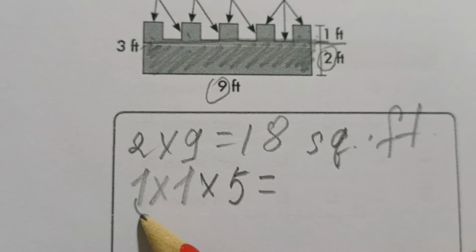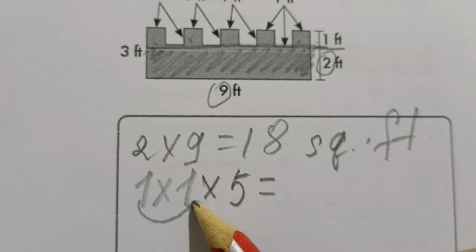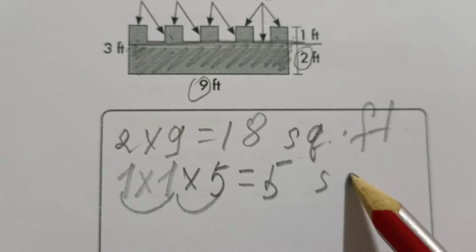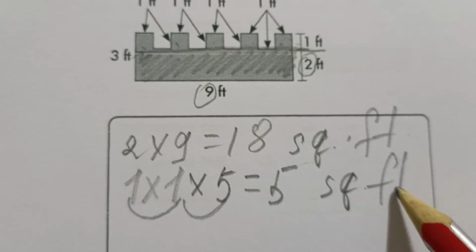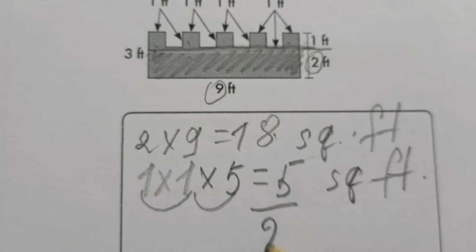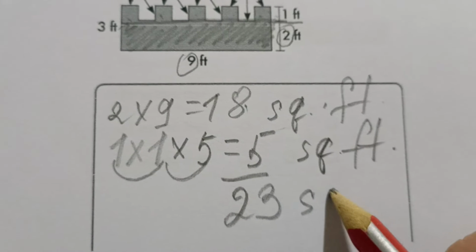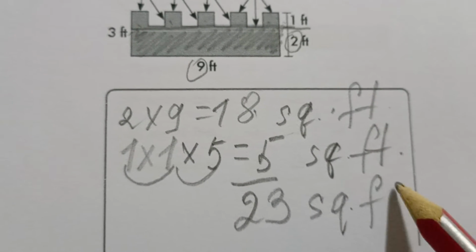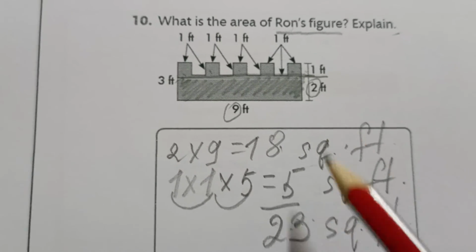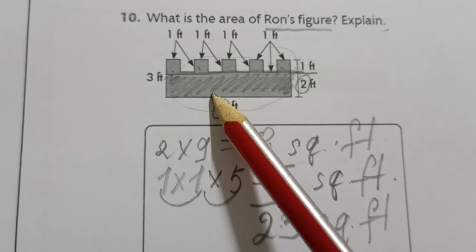And 1 by 1 equals 1. 1 by 5 equals 5 square feet. And together 18 plus 5 is going to be 23 square feet. So this is the area of that shape, okay?